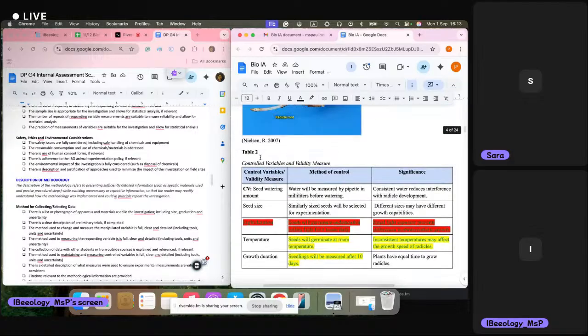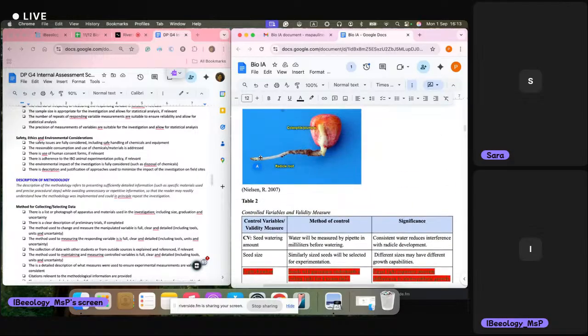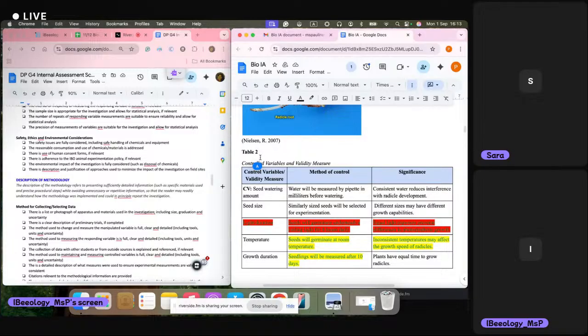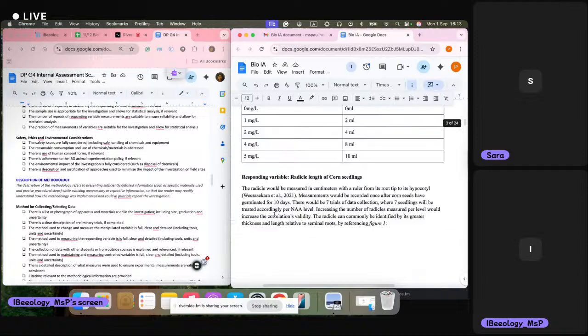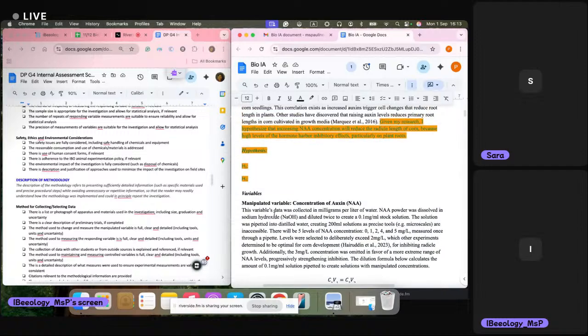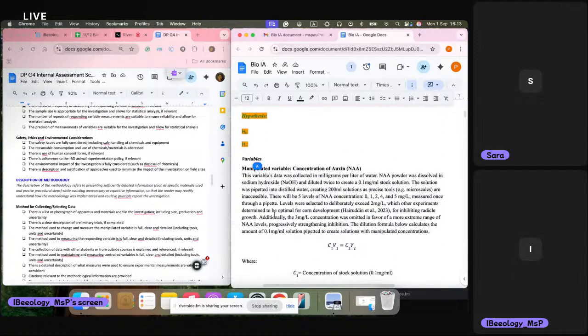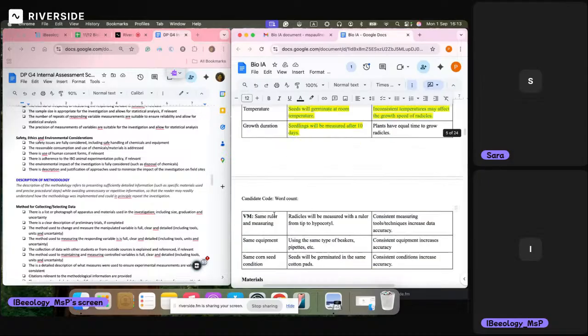Actually it's so much better to do this before you write your control variables, because when you introduce your manipulated variable, it should have already been established why you're doing so. You get what I'm saying?